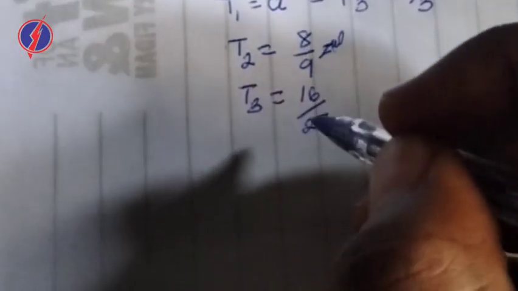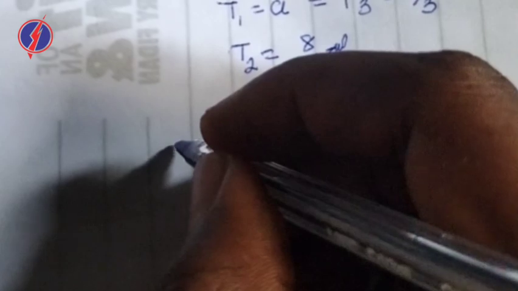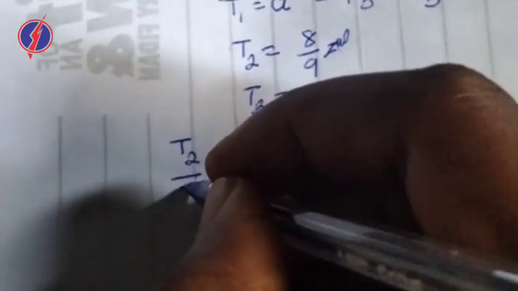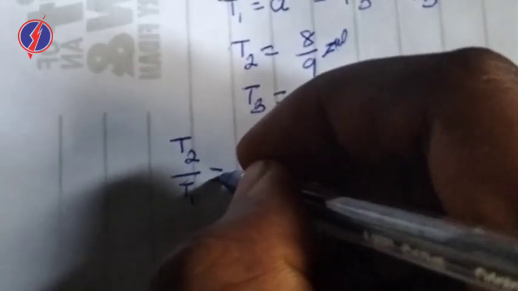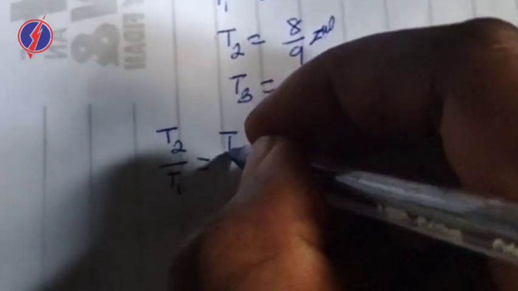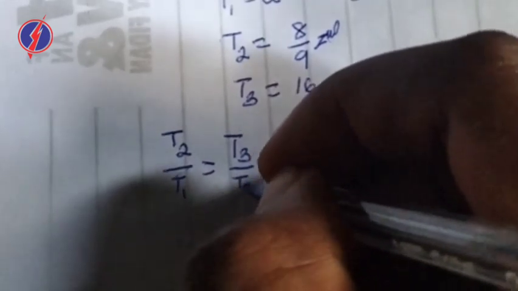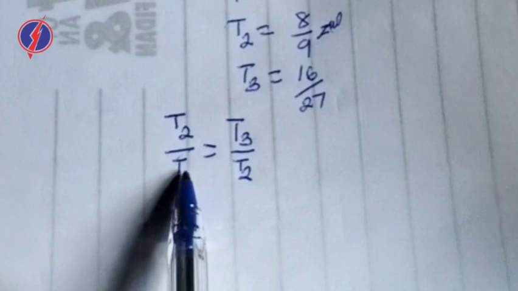And for us to get the common ratio, you know that it is T2 over T1 equals to T3 over T2. Literally, there is no need for us to do this T3 over T2 again, as usual. But just for us to confirm this, we have to do this.